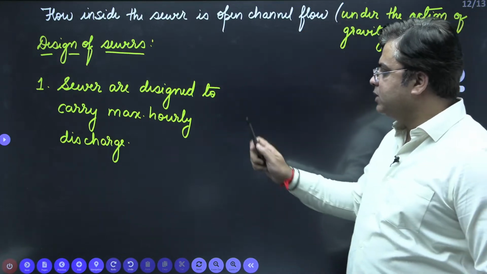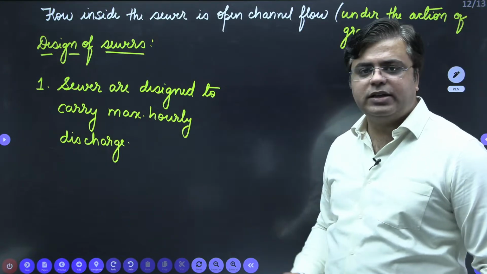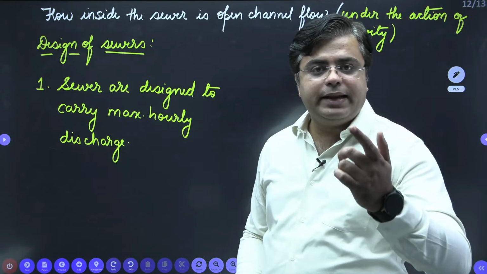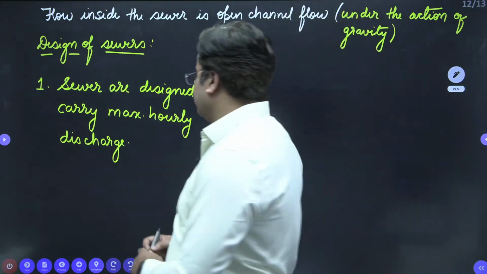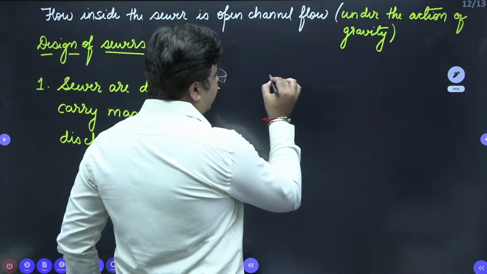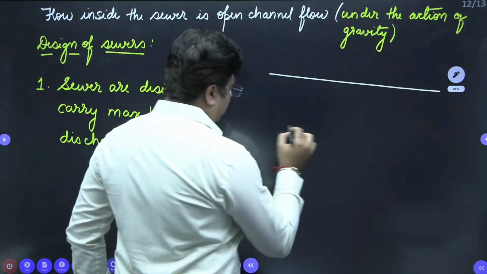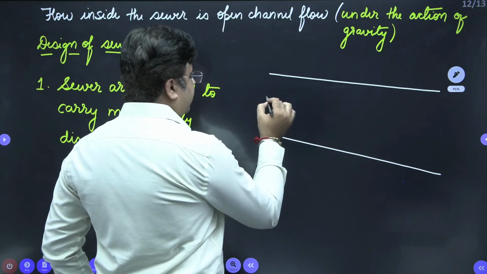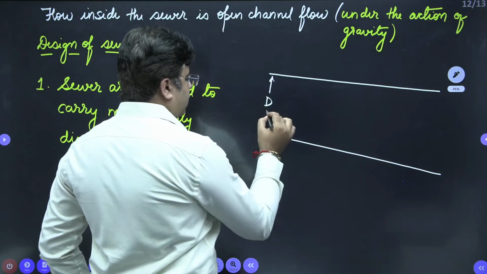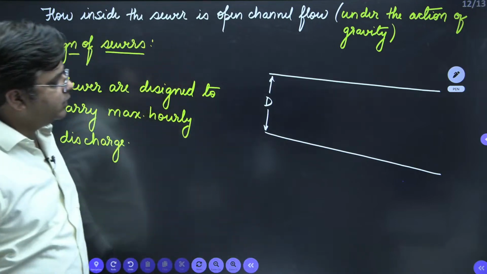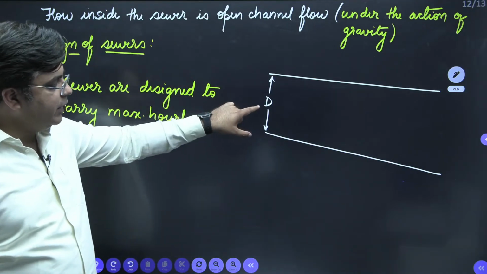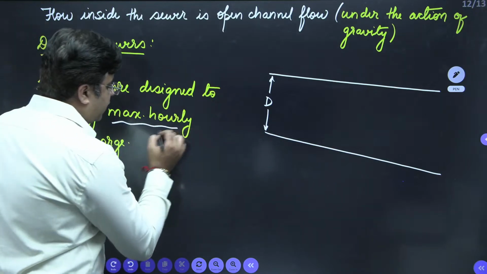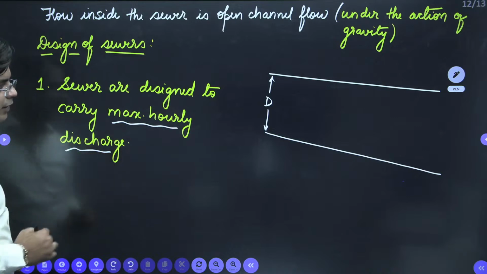Okay, means corresponding to maximum hourly discharge, you will calculate size of the sewer, you will calculate depth of flow inside the sewer. So this is the size of the sewer, capital D, and this capital D, size of the sewer, is calculated corresponding to maximum hourly discharge, right?